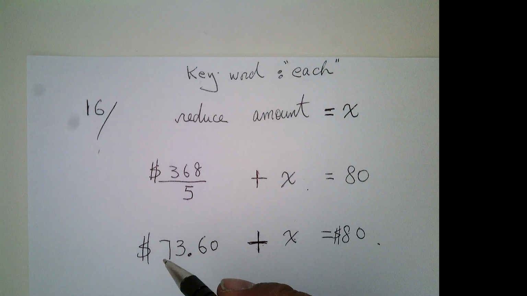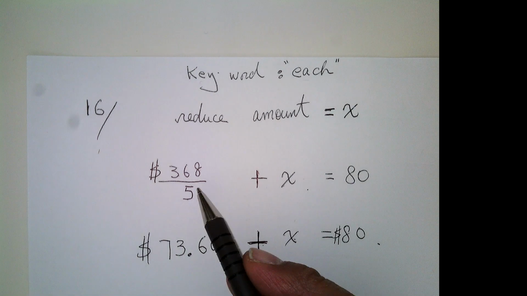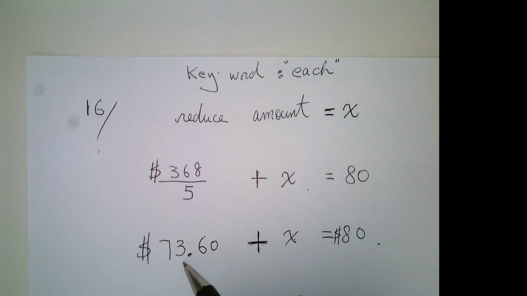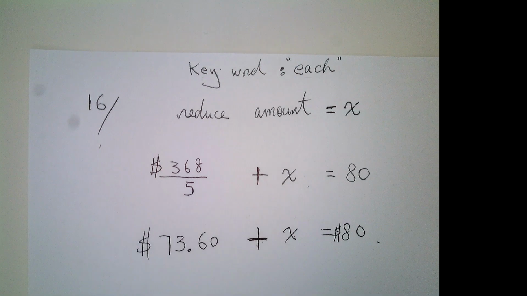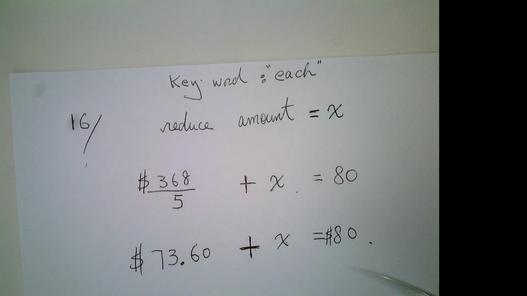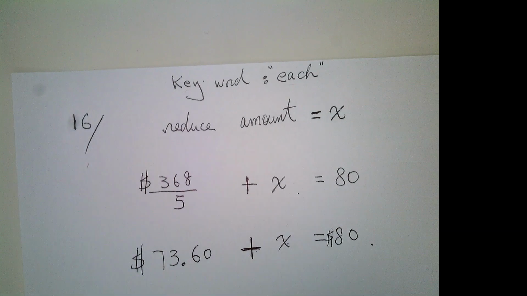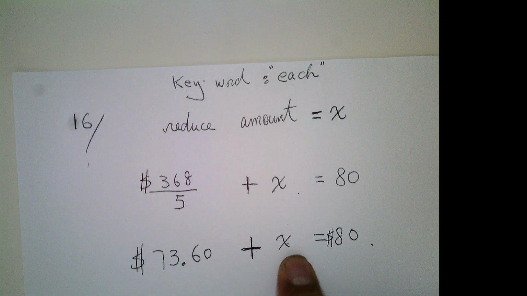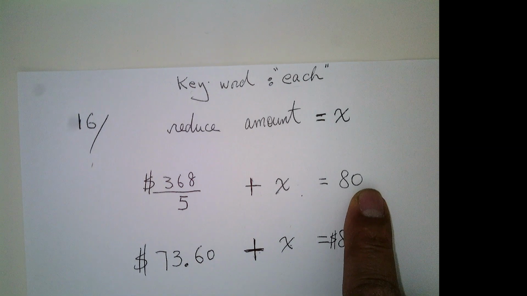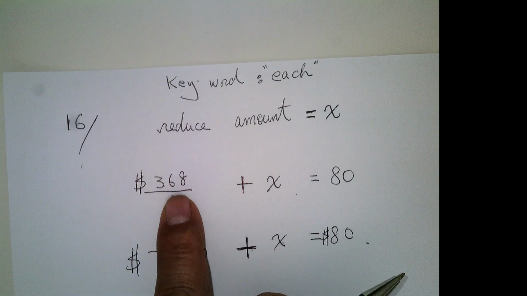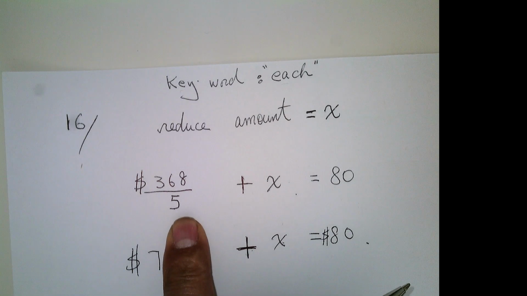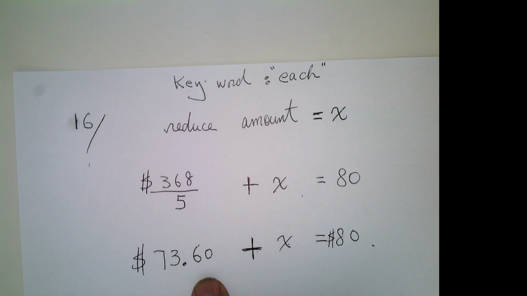So 368, so let me see, 5 times 6, 5 times 3 is 15, 18, okay, that's good, correct? So now that amount here is the discount amount. Because Mary got a special deal. Originally, she paid 80. Right now, she only paid $368 for 5 skin. How much reduced by each is right here.